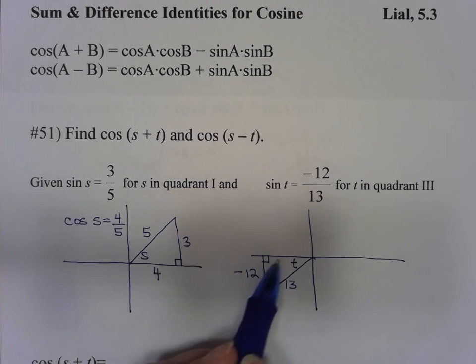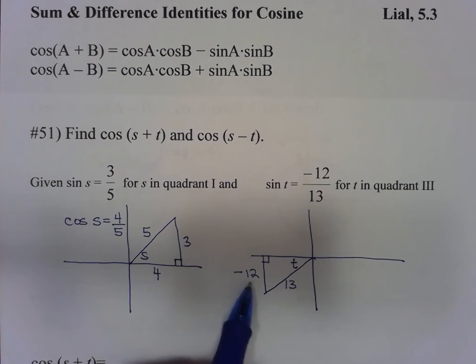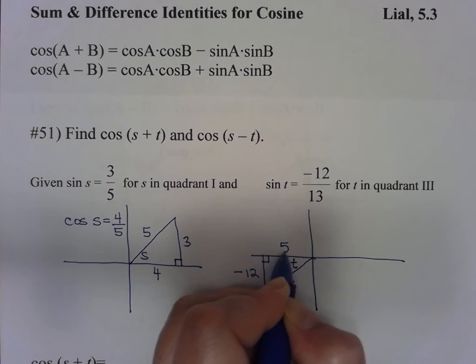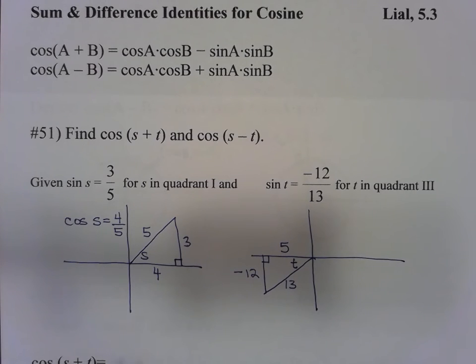There's also a Pythagorean triple here. Something squared plus 12 squared equals 13 squared. It's a 5, 12, 13 triangle. But you could definitely use the Pythagorean theorem to solve that.